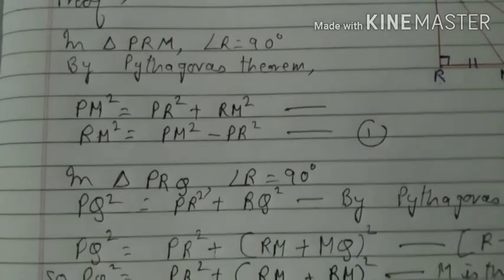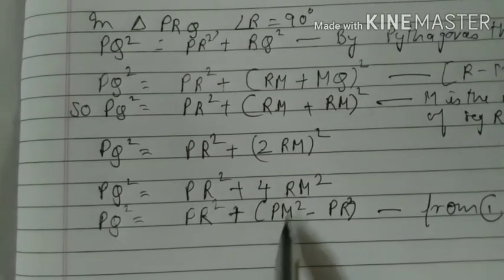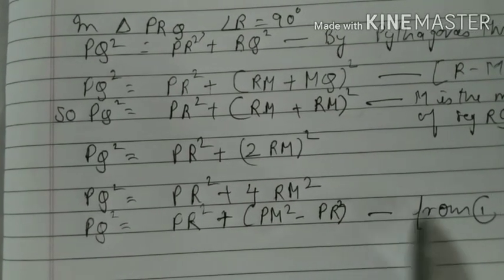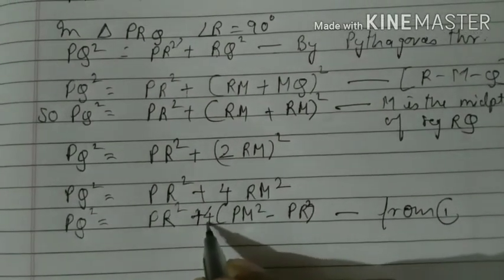So in place of this RM square, I am substituting PM square minus PR square. Now the 4, this constant value, I will keep as it is.